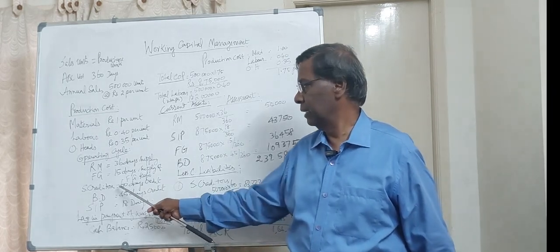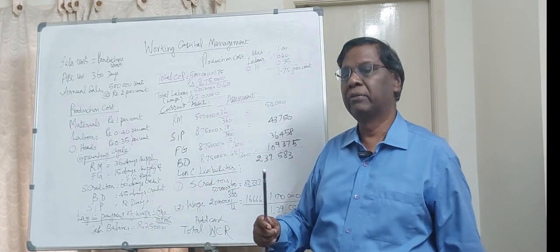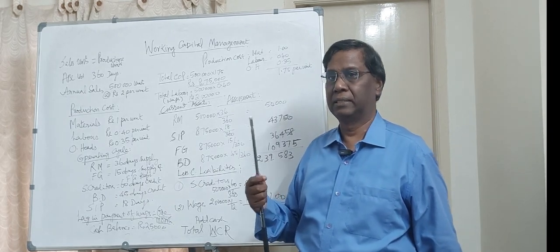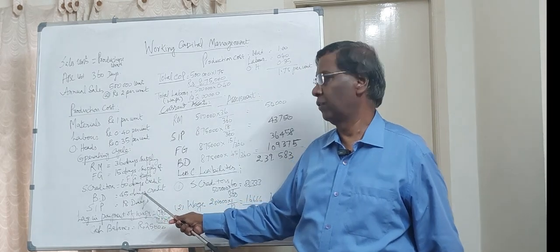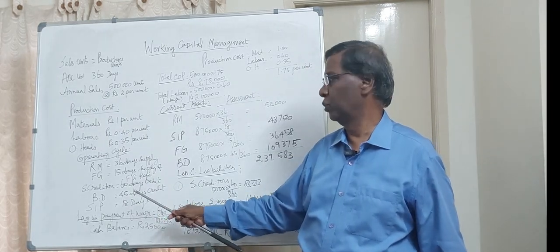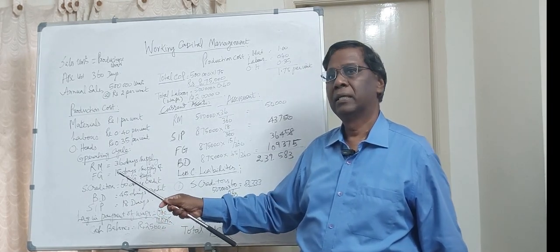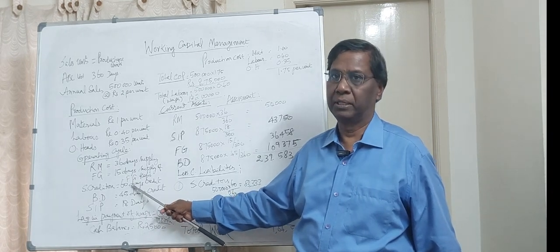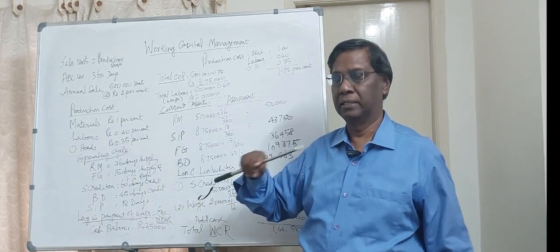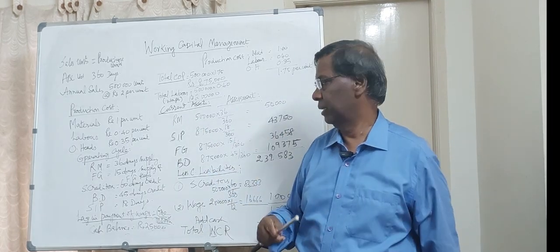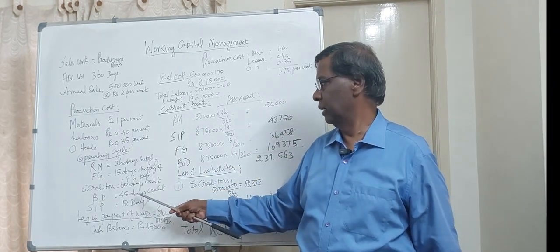Then sundry creditors give 60 days. So they are giving you credit of 60 days. And book debts, you are giving 45 days. Always remember this, our credit should be shorter and you have to get longer credit from your suppliers, so that we can receive the cash and pay to the sundry creditors. There will not be any cash problem. Then book debts, already told.